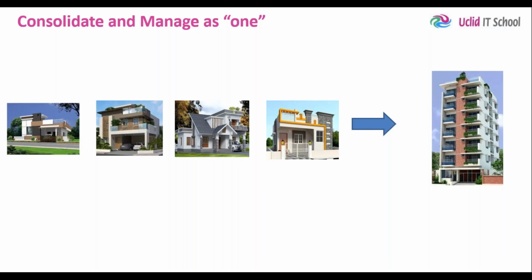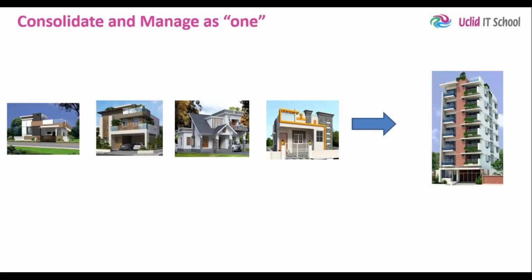Now, for the outside world, an apartment is a single house, a single building, but inside you have multiple houses. So this is exactly what multi-tenant architecture does. It allows you to consolidate otherwise individual databases into a single database called a container database. And now these databases have a new term called pluggable databases.